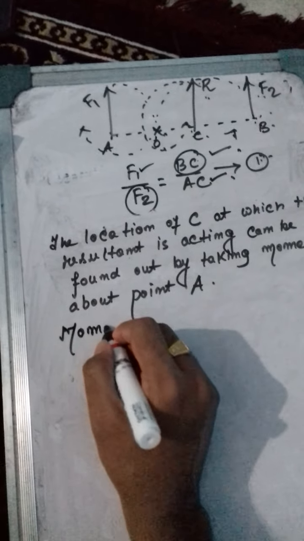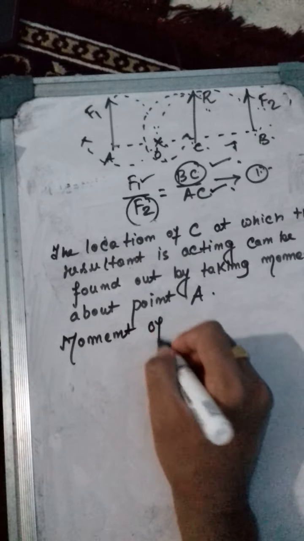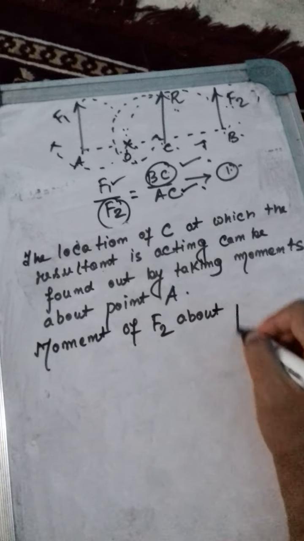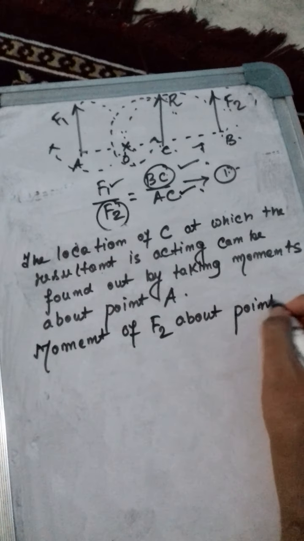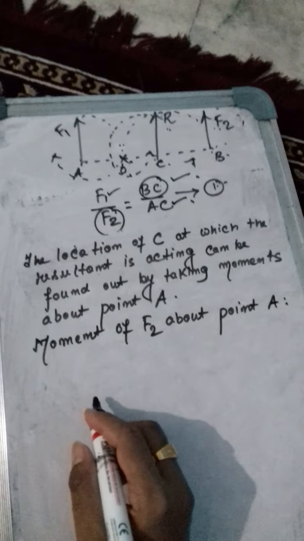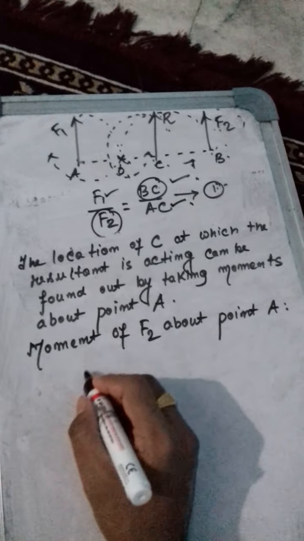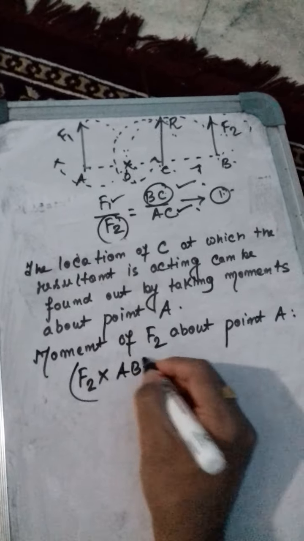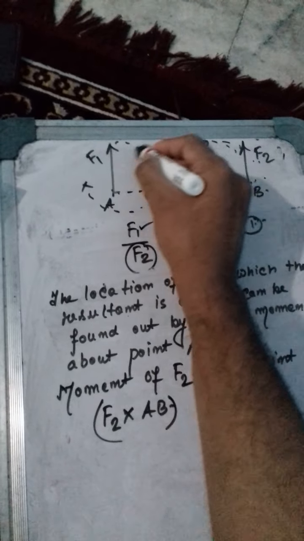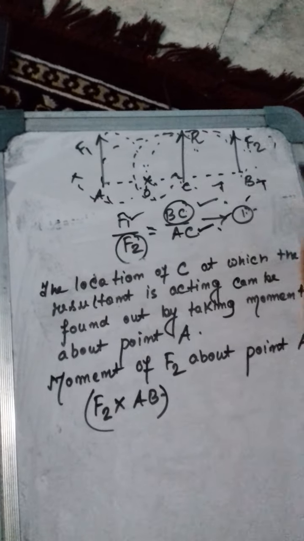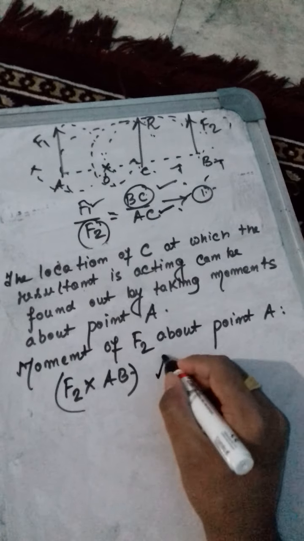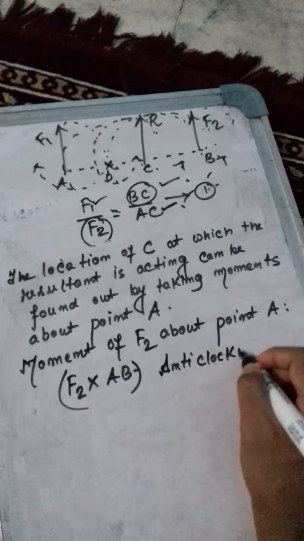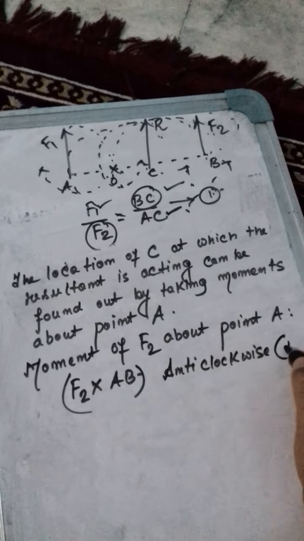Moment of F2 about point A is F2 multiplied by the distance AB. F2 about point A is going in the anti-clockwise direction, so as per this sign convention, we will take it as positive.